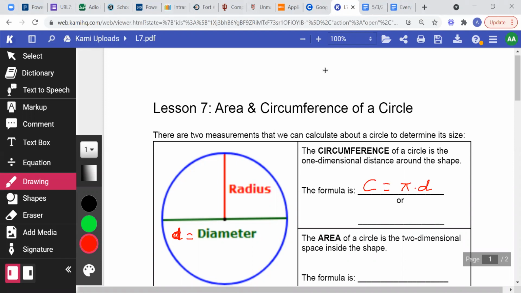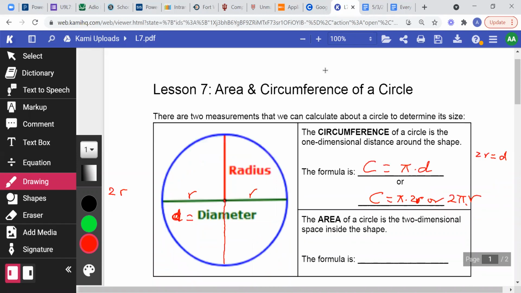So instead of writing pi times D, you can as well write C equals pi times 2R, or 2 pi R. To have a diameter, you need to extend the radius once again. So if this is radius, this is radius, how many times do we have R here? 2 times. That's why we said 2 pi R.